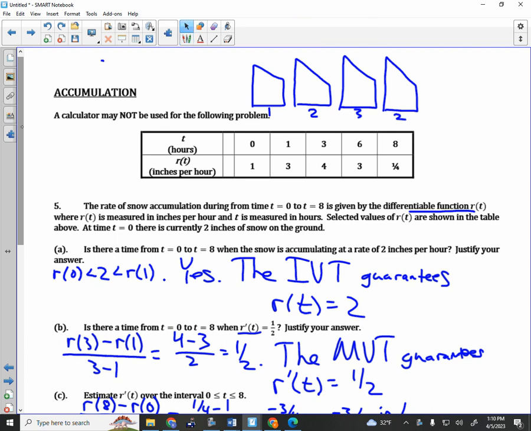So I put 1 and 3 there. And then I put 3 and 4. Then I put 4 and 3. And then I put 3 and 1/4. I know that looks crazy. That's what they'll actually have you do on the AP exam.